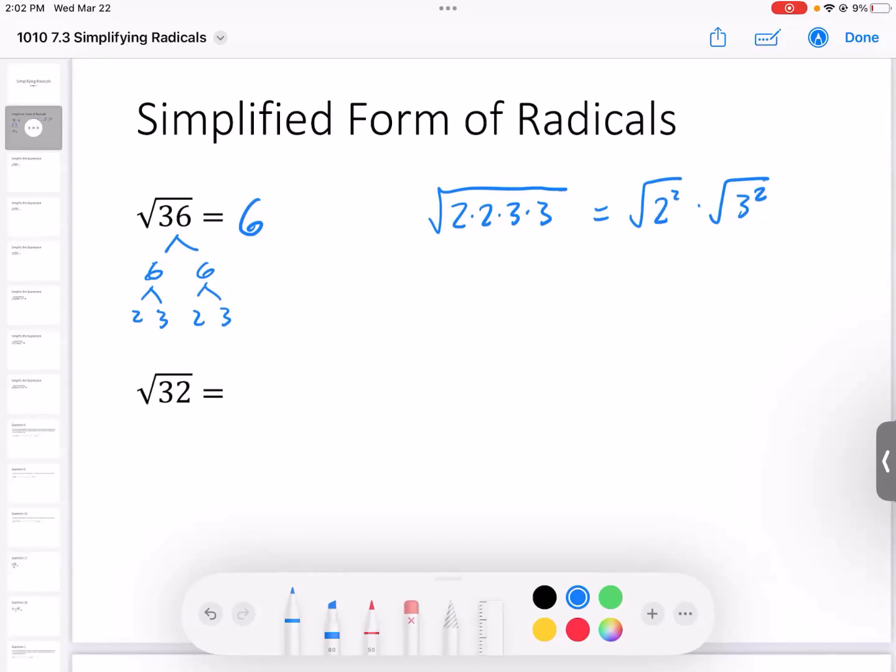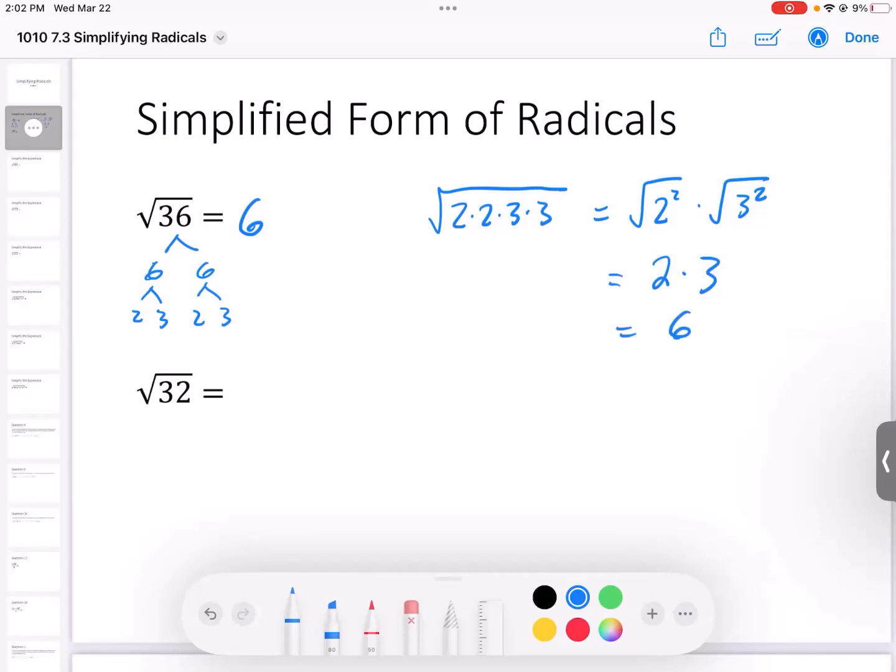Now, if you square root something that is squared, the square root and the squared undo each other. And so the square root of 2 squared would just be 2. The square root of 3 squared would equal 3. And 2 times 3 equals 6, just like we already knew the answer was.